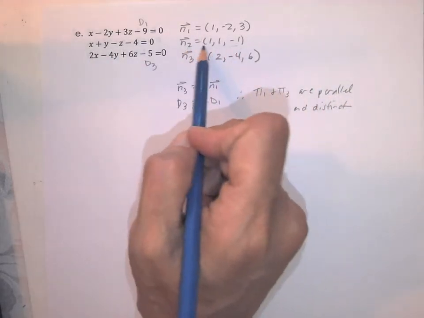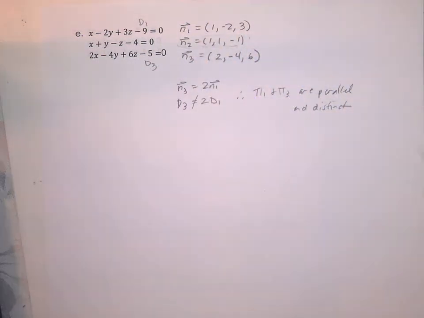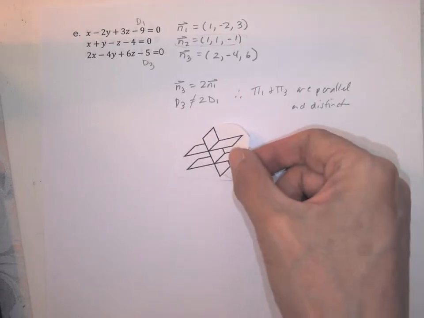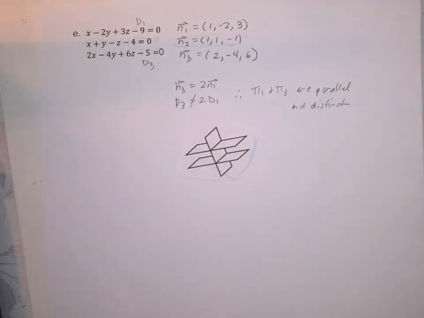But since the normal for this is not a scalar multiple of N1 and N3, we have this arrangement where we have 2 planes that are parallel and one that intersects each of them at a separate line of intersection, but there's no intersection of all 3 planes, and that's what they are asking us.